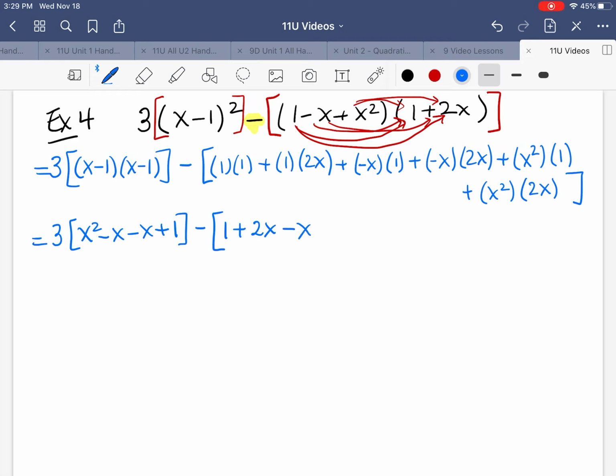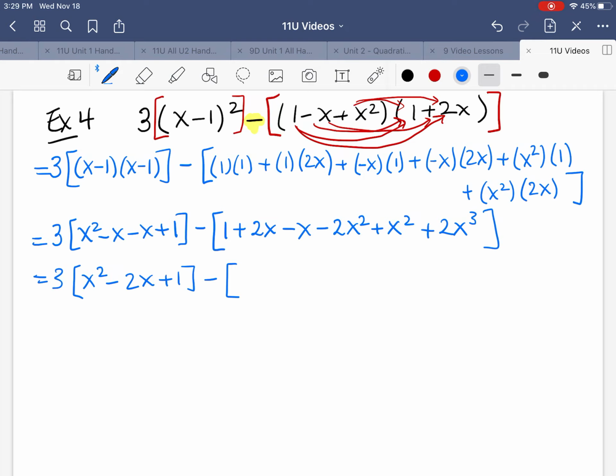Negative x times 1 gives us negative x. Negative x times 2x gives us negative 2x squared. And then we have x squared times 1, so that just gives us x squared. And then x squared times 2x gives us 2x cubed. All right, so now we're going to simplify in our square brackets by collecting our like terms.